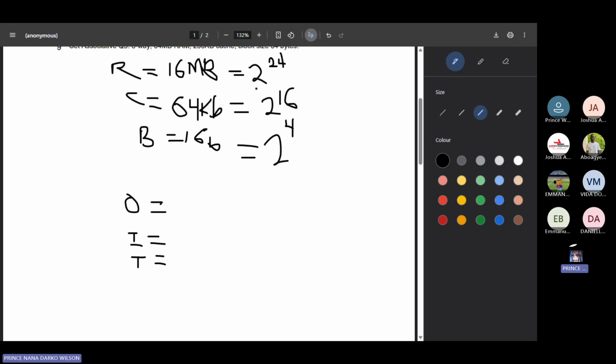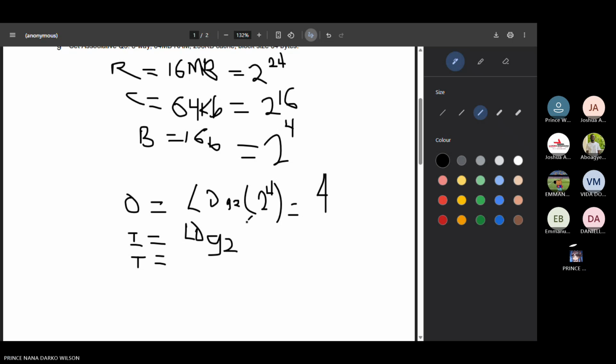So let's find the offset and then the index, and the tag will find itself after we subtract. Our offset is going to be the log base 2 of our block size, which is 2 to the power 4. If you put that in a calculator, you get 4. And then our index is going to be the log base 2 of our cache size, 2 to the power 16, over block size.